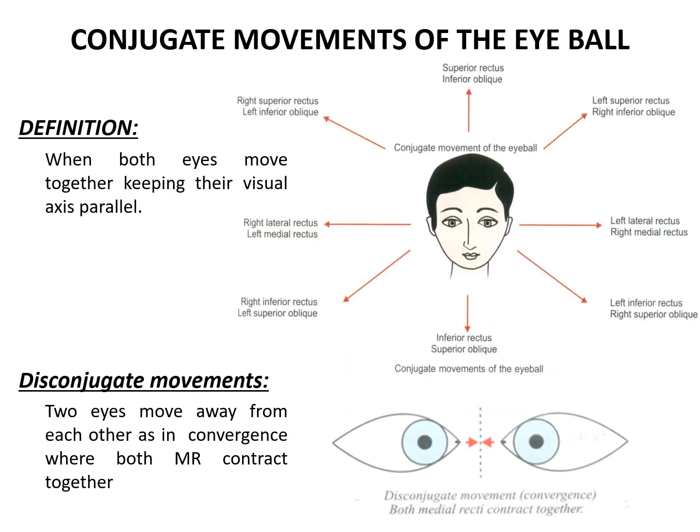Again, a similar picture where you can appreciate the different muscles causing the versions. In levoelevation, the left superior rectus and right inferior oblique muscles are involved.